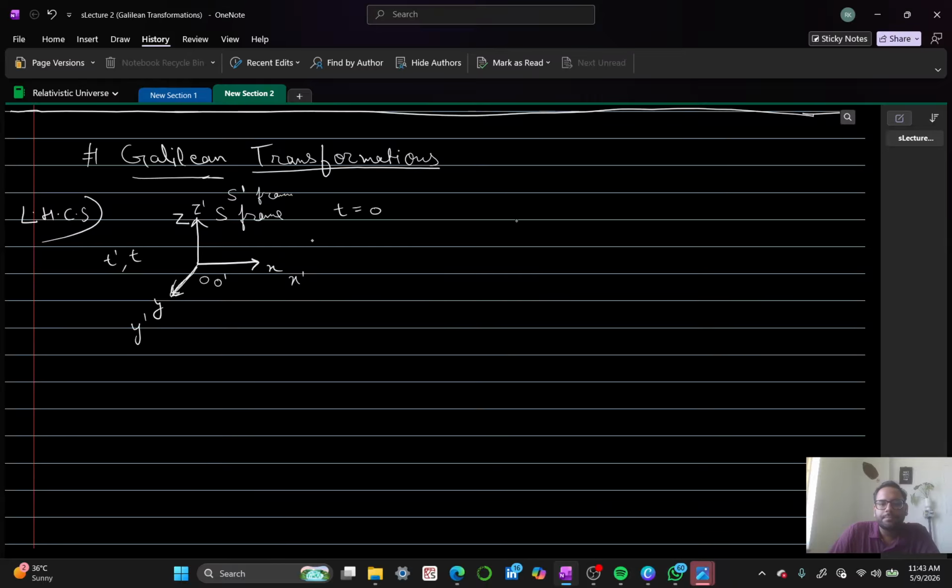And suppose at time t, these frames are like this. This is my x, y, and this is my z. Sorry, mistake.